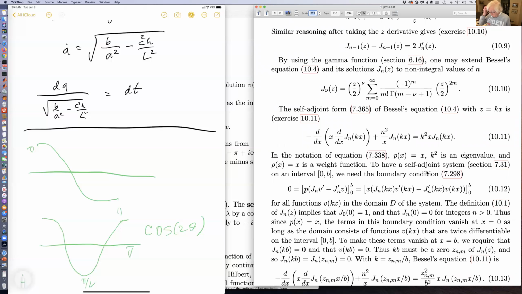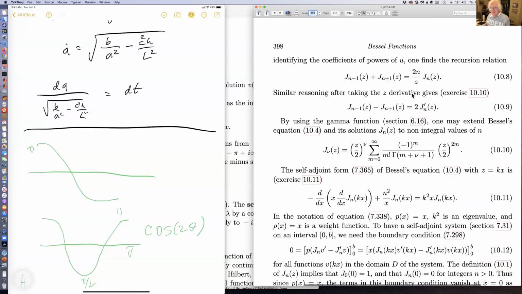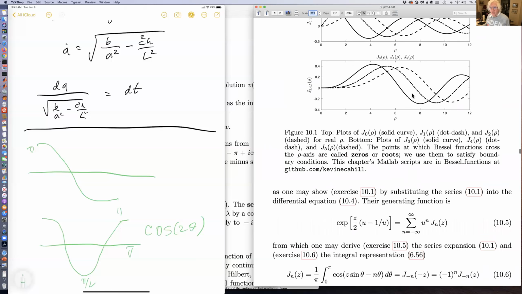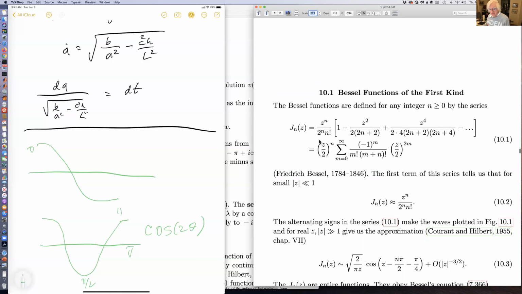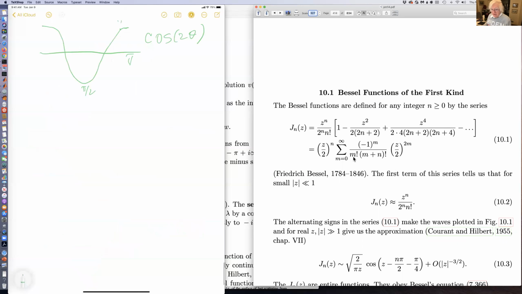Then what's more important is that if you take the original formula we discussed last time and express this as a sum over m, you can then relate it.